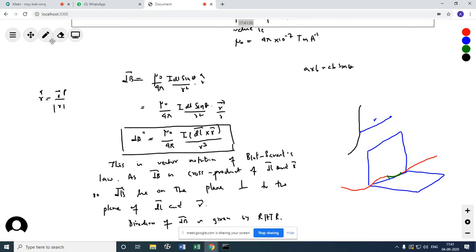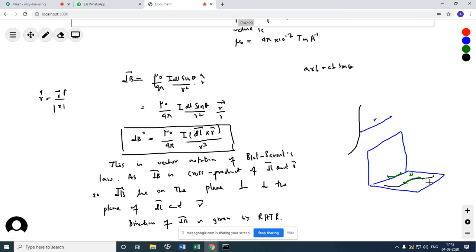Or let us do it like this. Let us keep it in that plane only. It will be even better. Let's say this is the wire. This is the length, this is dl.